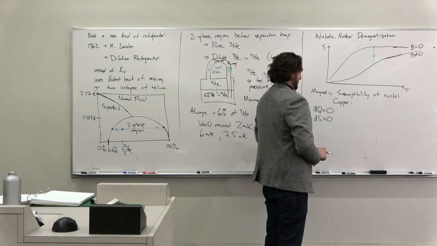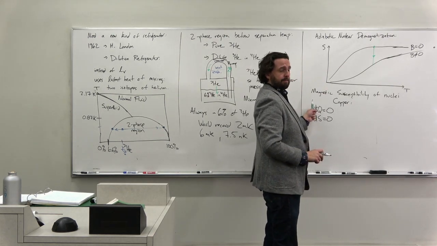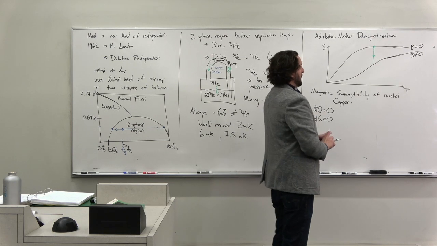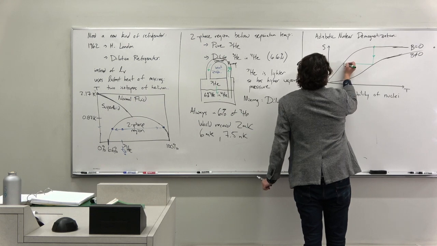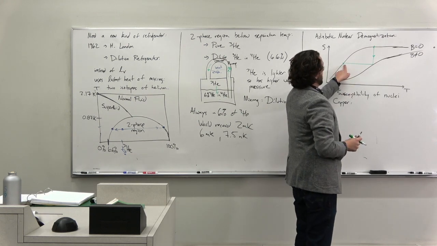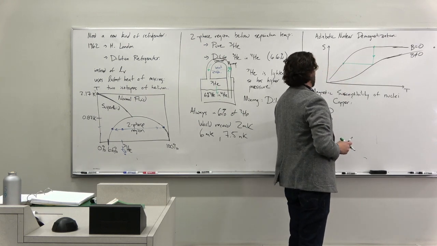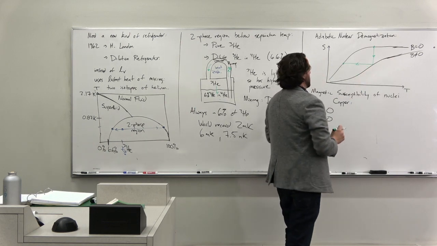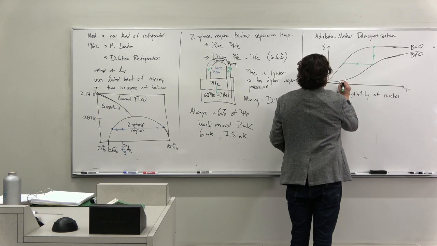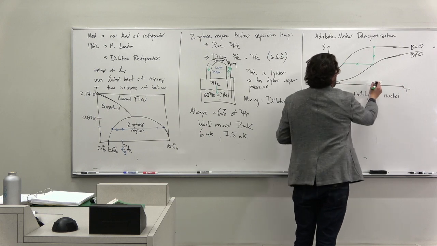So if we have 0 heat coming into the system, then if we lower the magnetic field again, we have to end up on this curve, but entropy can't change, right? And if we look at what happens there, we've ended ourselves at a lower temperature than when we started.